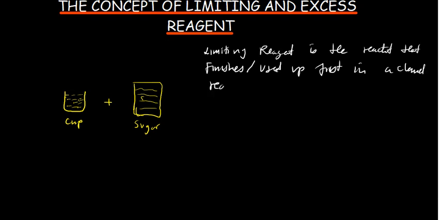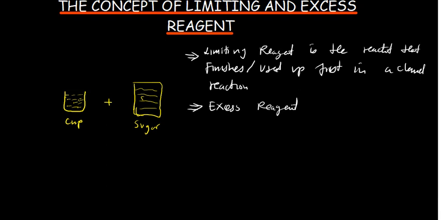That is what we call a limiting. Limiting means it is going to limit your reaction, it is going to stop your reaction. So something that is used up first is called the limiting reagent. And then the excess reagent is the reagent or the reactant that remains after the reaction is done.